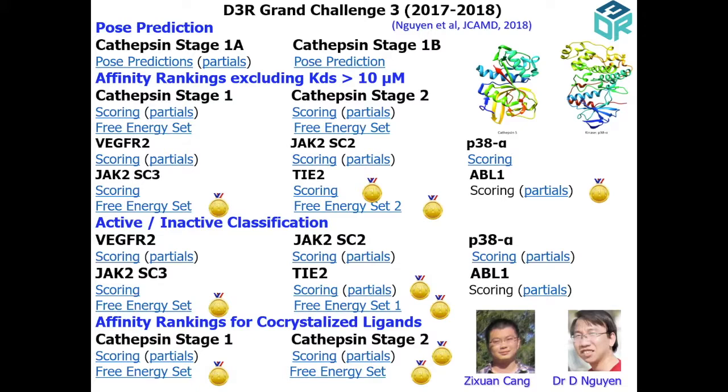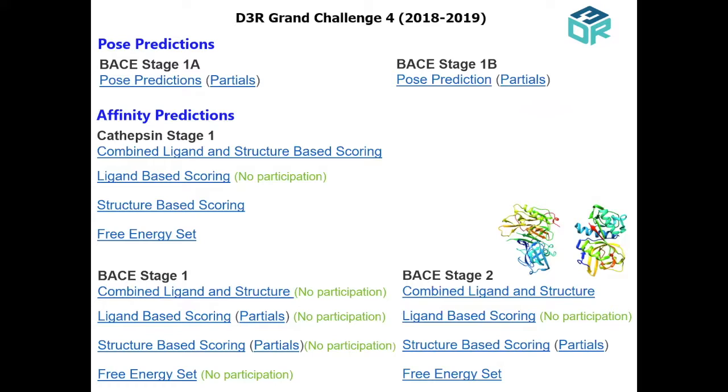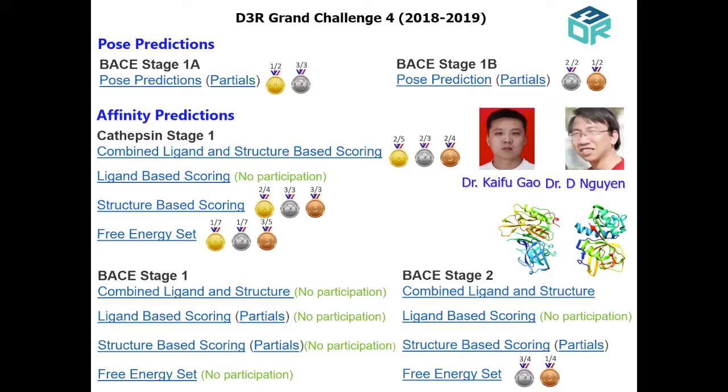So in the second attempt, you can see this type of deep learning approach establishes a pattern. It wins in all kinds of different places. However, we still had a lot of trouble with pose. So this is the part we tried to address after we wrote a paper last year, and then we came back for the last challenge. This is also laid out the same way by D3R, with the labels and everything over there. So this is how we did it.